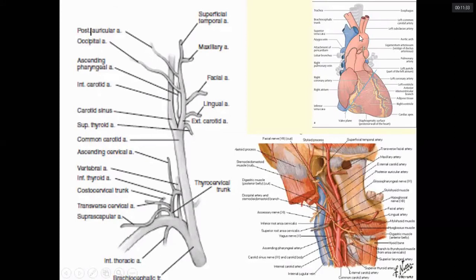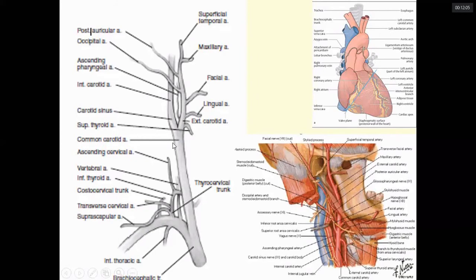Okay, the brachiocephalic trunk, and then we have the left subclavian and left common carotid, right? And this brachiocephalic trunk divides into 2, right subclavian and right common carotid. Okay, so this part, the brachiocephalic trunk, is here, right? So it is divided into right subclavian and right common carotid. Okay, so we are not going to deal with this part, we are going to deal only with this part.